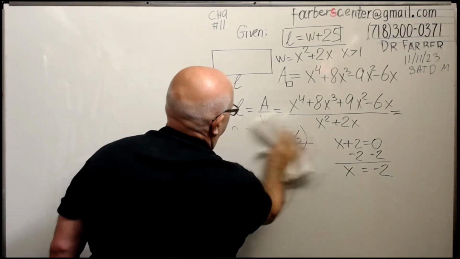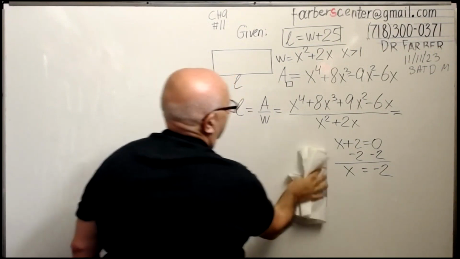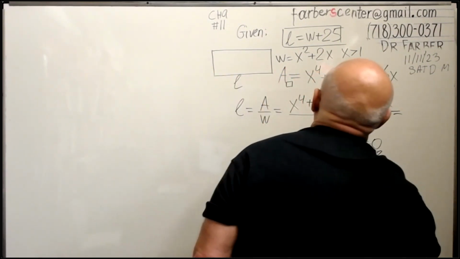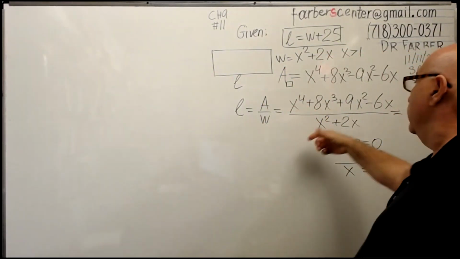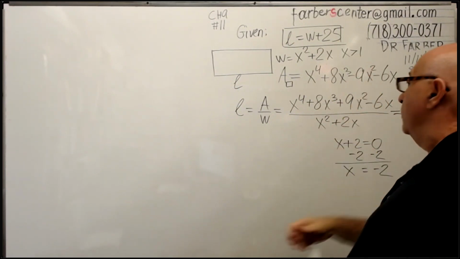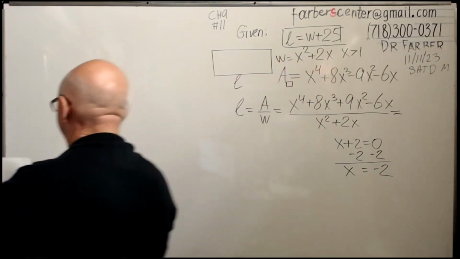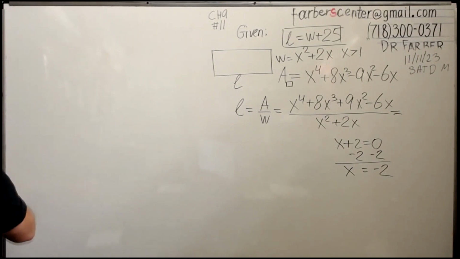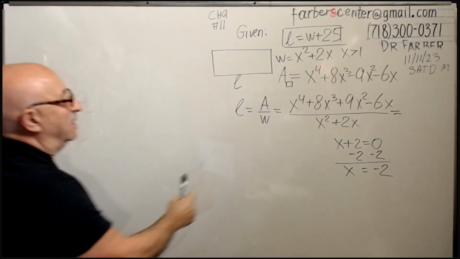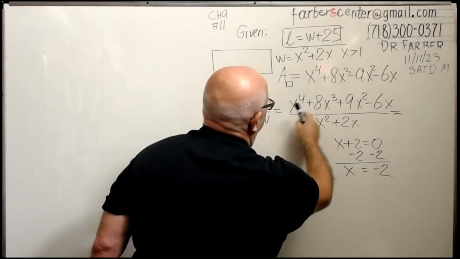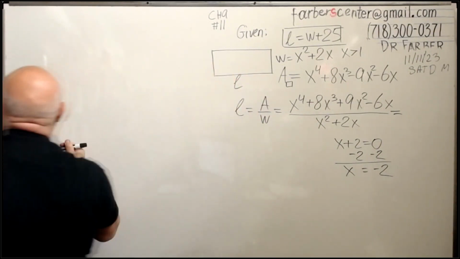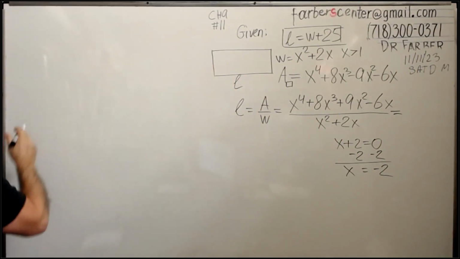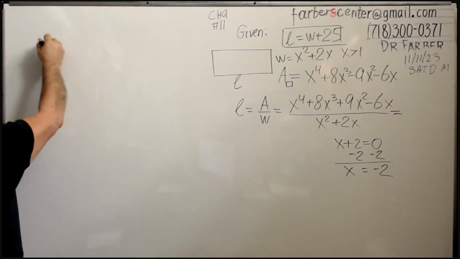And you compare these two methods, right? The same: length equals area divided by width, fourth grade. And we use long division this way. So write this polynomial like a dividend. So what is it? x to the fourth.